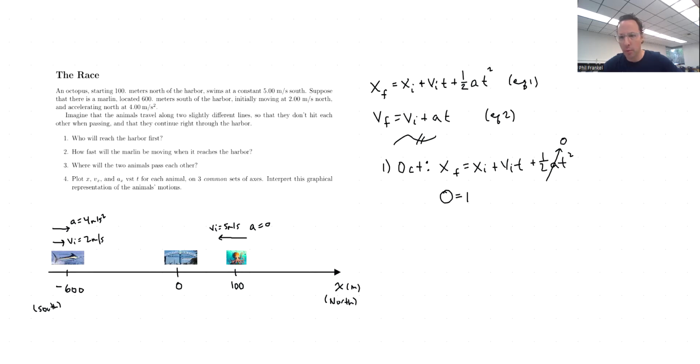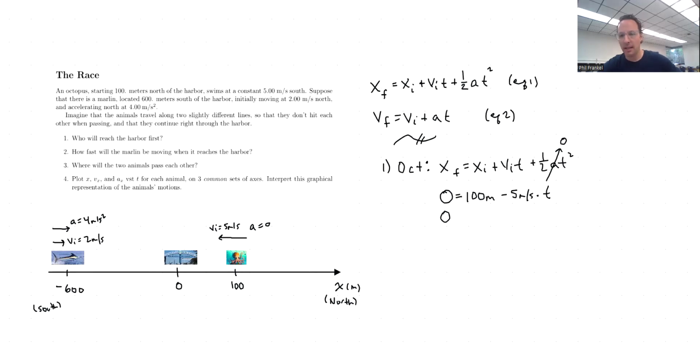The initial x coordinate is 100 meters. The initial velocity, this is really important, is -5 meters per second. And then I multiply by time. So I've customized kinematics equation 1 for the octopus. Its initial velocity is -5 meters per second, and it has no acceleration.